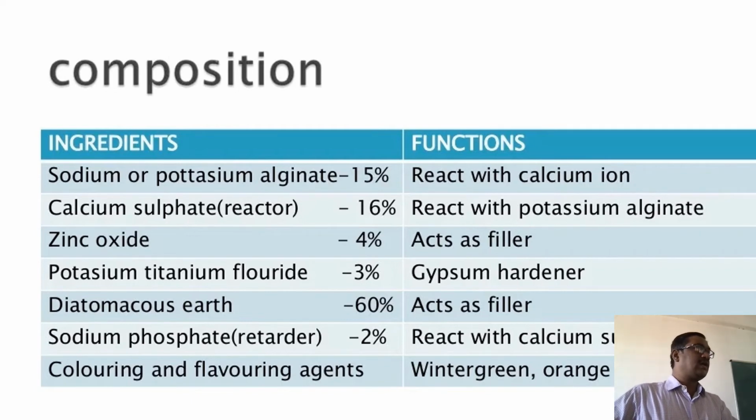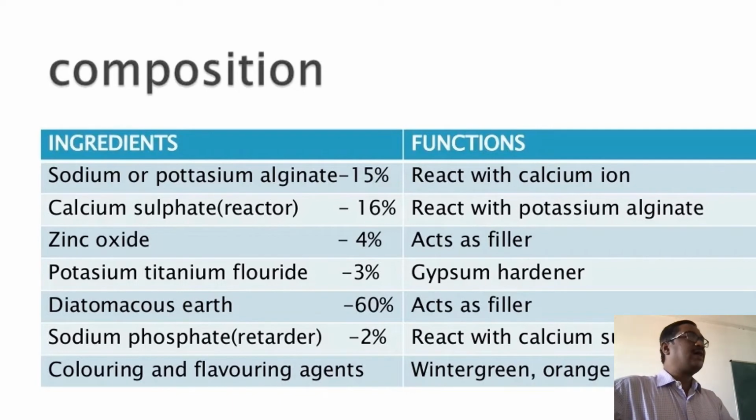So agar is a thermally set material. Understood? So we require a hydrocolloid conditioner and we require a temperature to reach gel to sol. Understood? So alginate is a chemically set material, having ingredients of sodium potassium alginate and calcium sulfate.